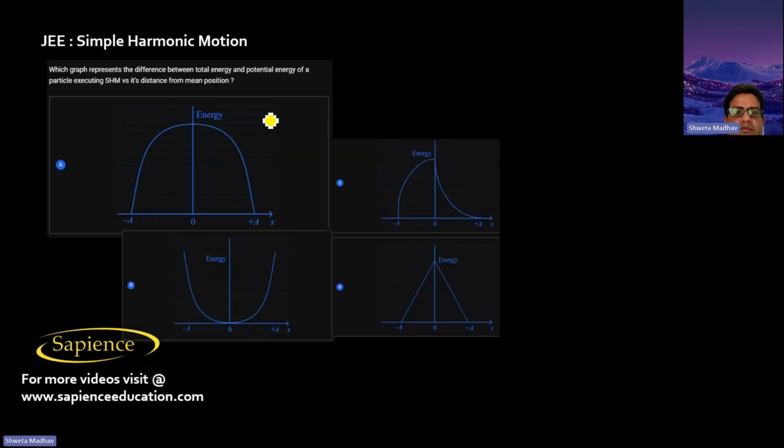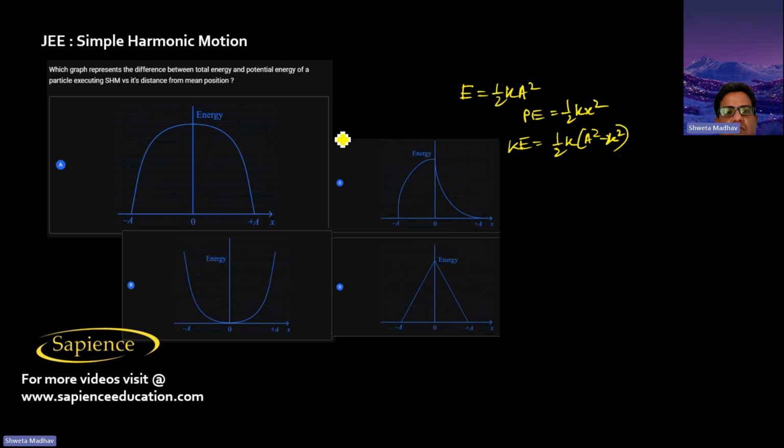Then here it is told, which graph represents the difference between total energy and potential energy of a particle executing SHM versus its distance from the mean position. So we know that the total energy is half k a square and the potential energy is half k x square. So if we subtract these two, then we get obviously the kinetic energy, that is half k into a square minus x square.